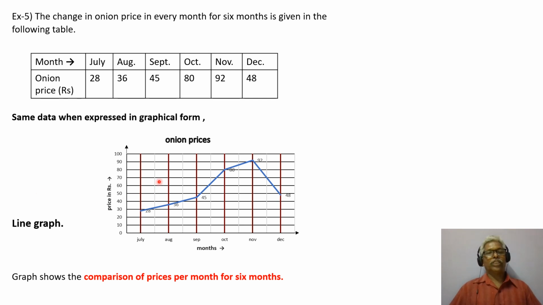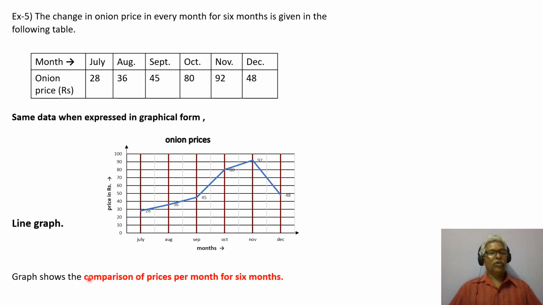Such type of graph is called a line graph. This is also a comparison of something, in this case price, for 6 months. So try to remember there are comparisons of different types.